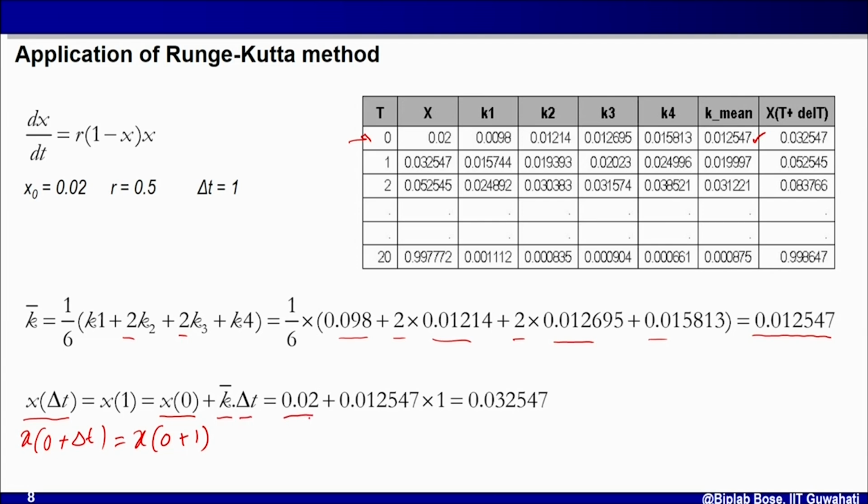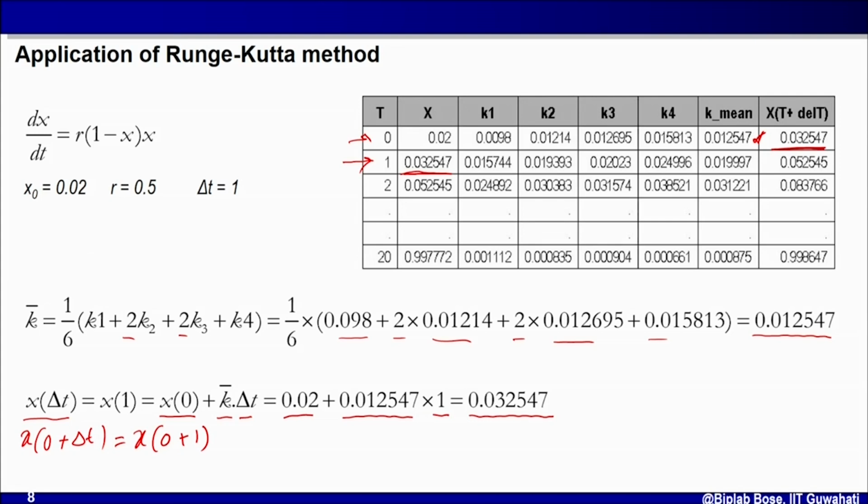X at 0 time point is 0.02. The mean slope is 0.012547, which I have calculated here, into the time step. So I get a new value of x, that is 0.0325547. So in the table I write at time 1 the value of x is 0.023547. I have written it here also, the same thing.